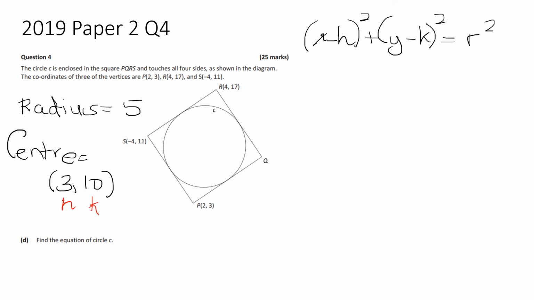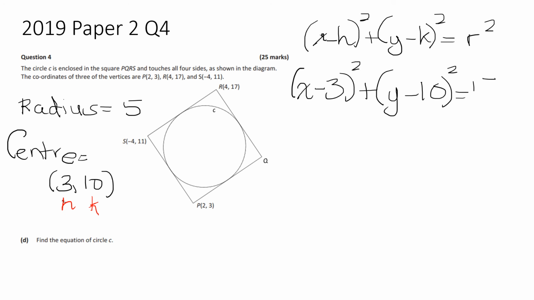So remember that your center is the same as h and k. So I'm going to sub them into my equation. So now I can say that x minus 3 to be squared plus y minus 10 to be squared is equal to 5 squared. I'm just subbing in the radius there, and I am just subbing in the center of 3 and 10.